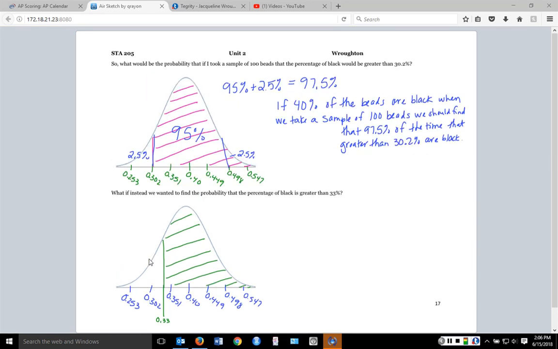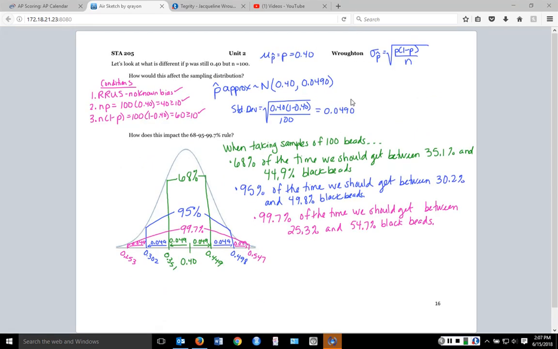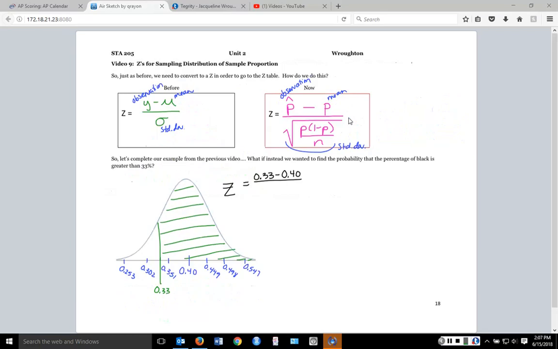It was a calculation we did last time using our n and p to get this 0.049 number. So that's what our number is going to look like as we calculate our z, which should give us a z of negative 1.43.